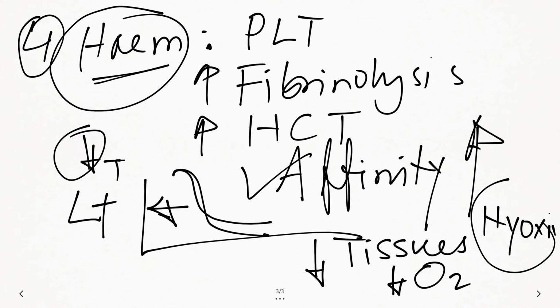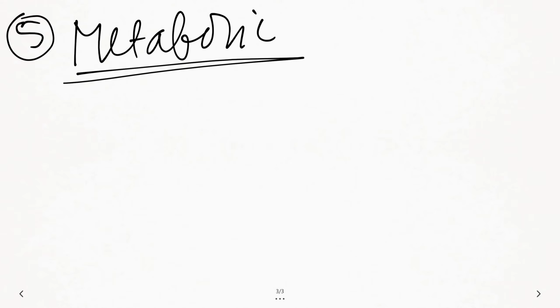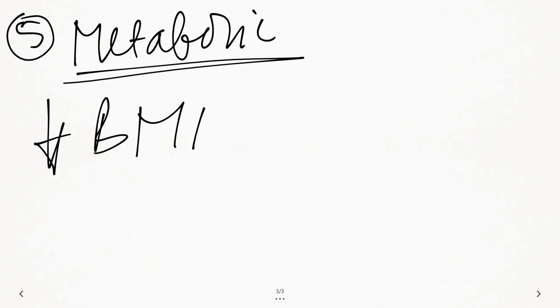Okay, well, we will go to the fifth point here, and it is the metabolic complications. So the metabolic complications, number one, you will have a low basal metabolic rate, because you know that metabolism works in an ideal temperature. If he is hypothermic, 35 or less, he will have a big problem with metabolism.